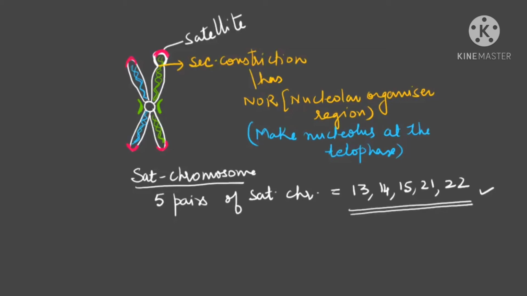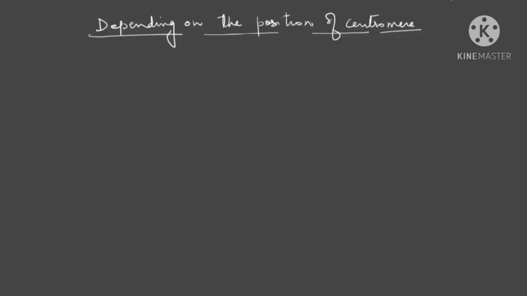Let me draw the diagram. This is a chromosome with 2 chromatids, and if you check the diagram, this is the upper arm, meaning above the centromere, and this is the lower arm. So both are equal.